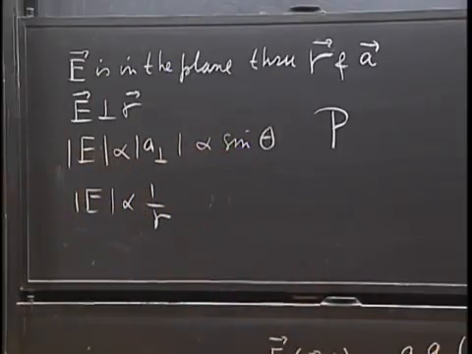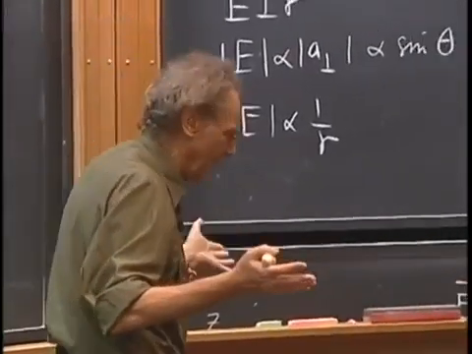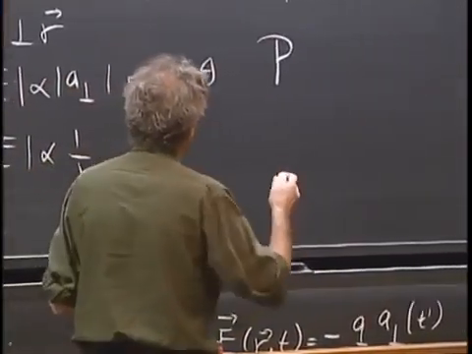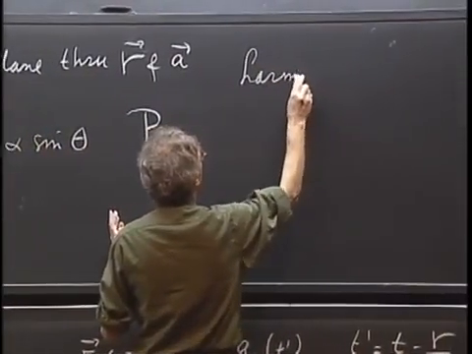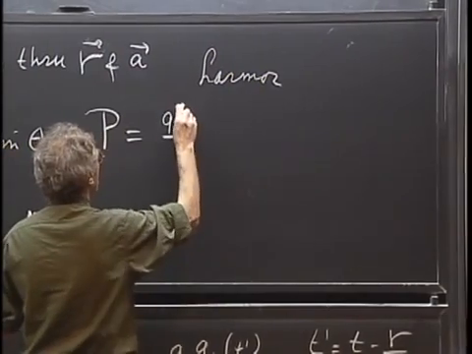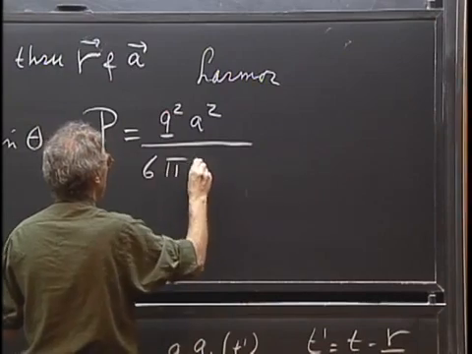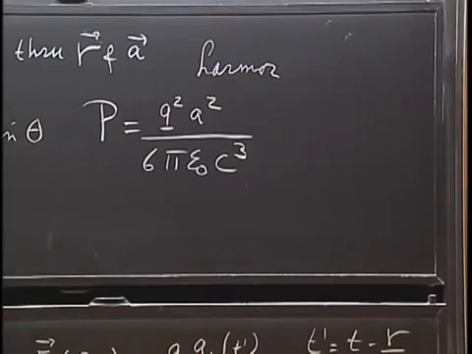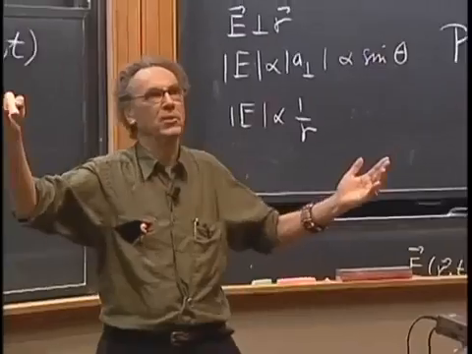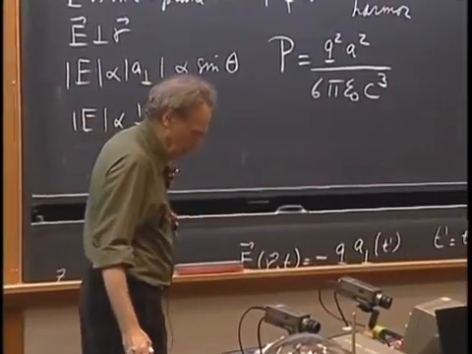In other words, you tell me what Q is, you tell me what A is, you are creating electromagnetic radiation, I will tell you how many joules per second work you have to do. And that is called the Larmor equation, and that becomes Q squared times A squared divided by 6 pi epsilon 0 c to the power 3. Notice there is no R anymore, because clearly it's independent of where you are in space. That's how many joules per second you have to generate.